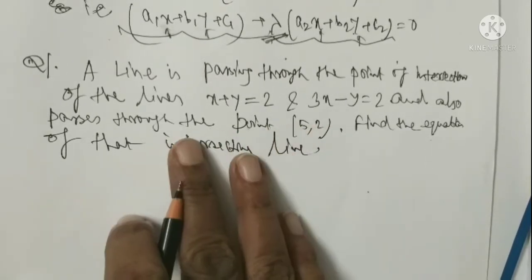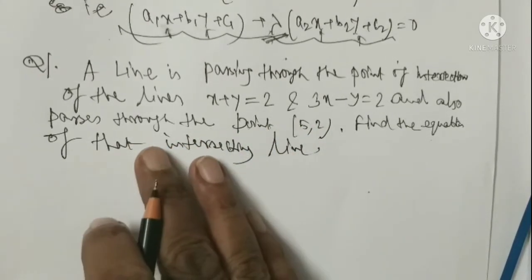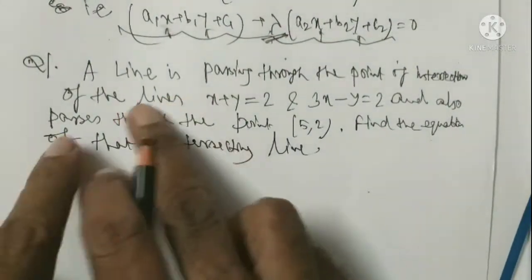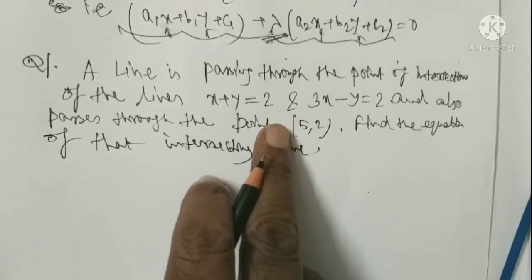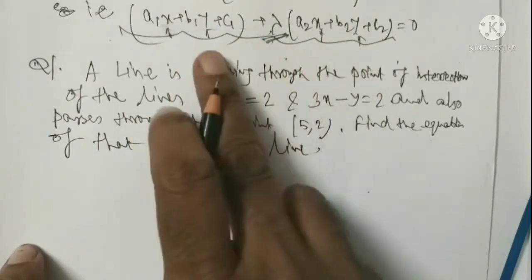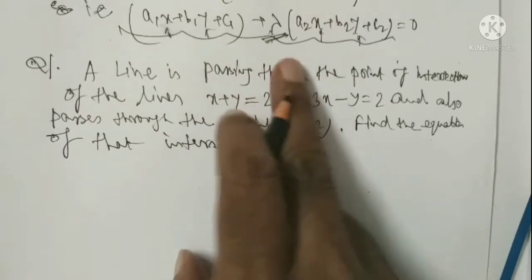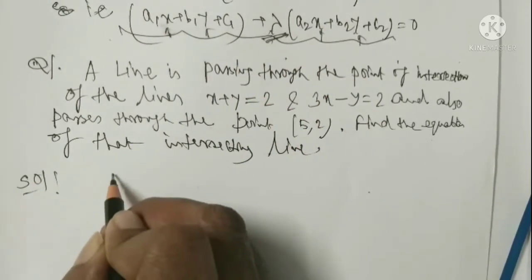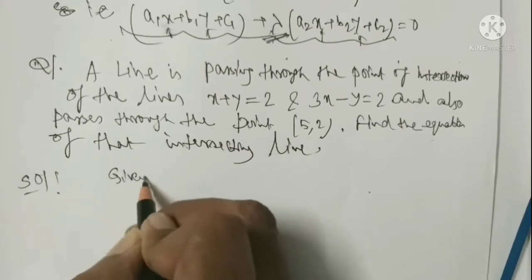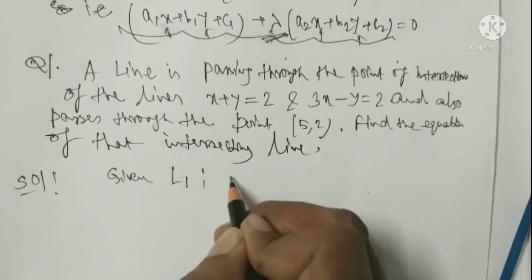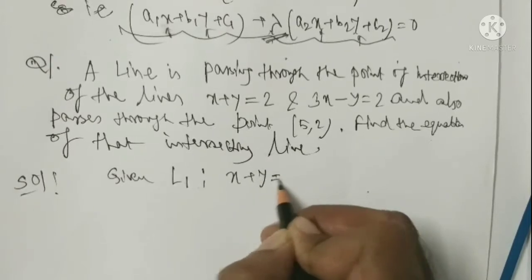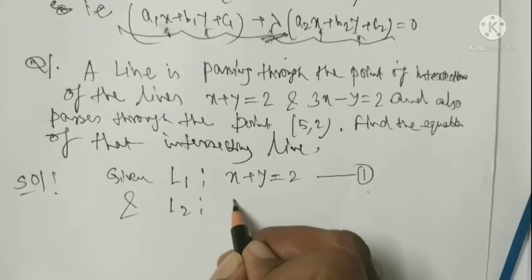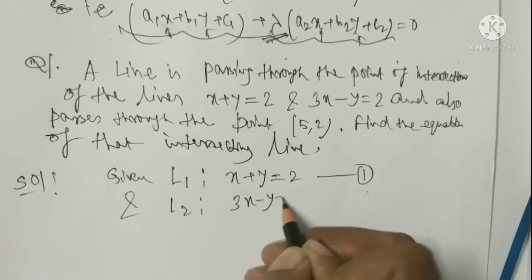This is our problem. Just to help understand this theory, we set this problem and we follow the formula given above, and we will apply the concept of this formula to solve this problem. Given L1: x plus y equal to 2, this is number 1, and L2: 3x minus y equals to 2.